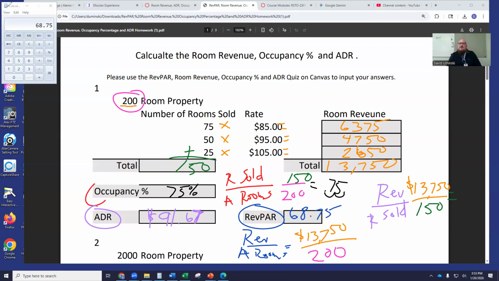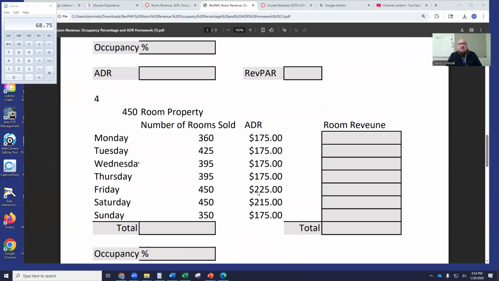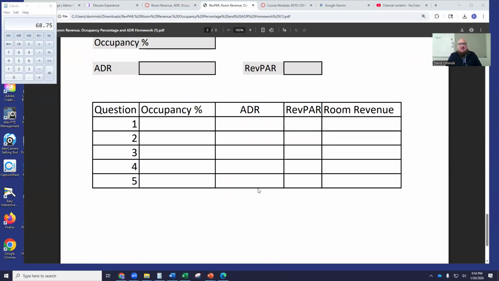So if you have this printed out, then what I would recommend that you do is scroll down to the bottom, the last page, and just go ahead and fill out the information on your chart.